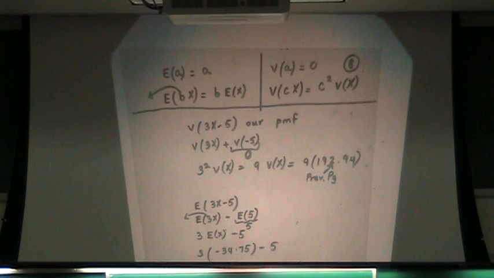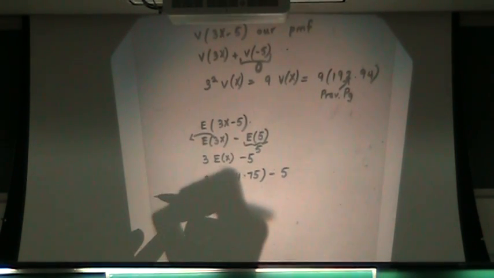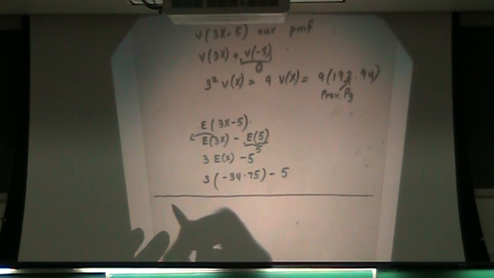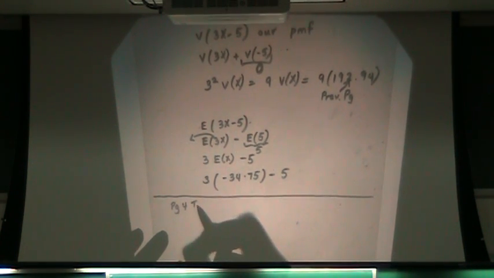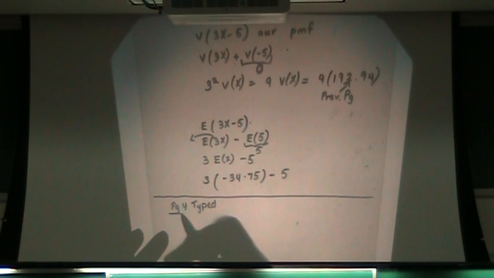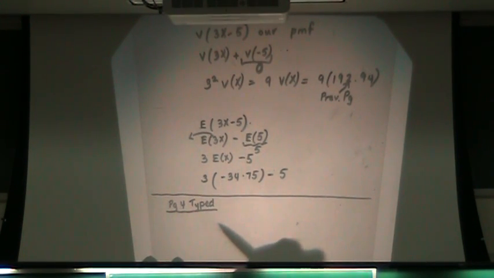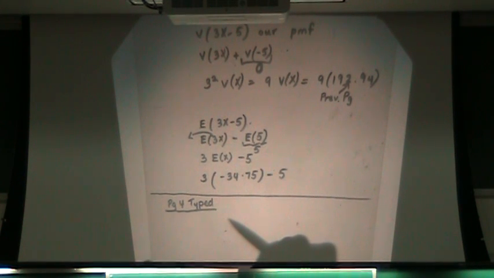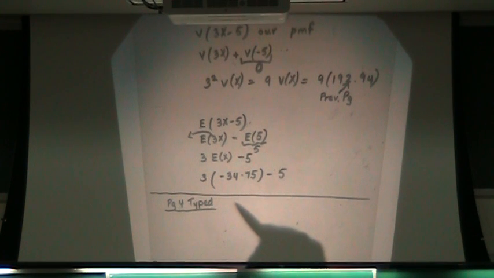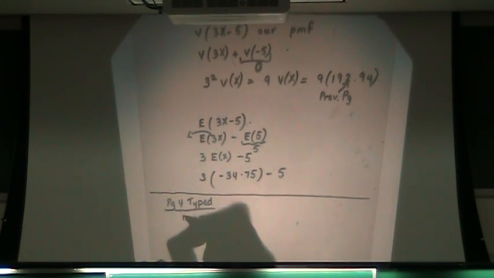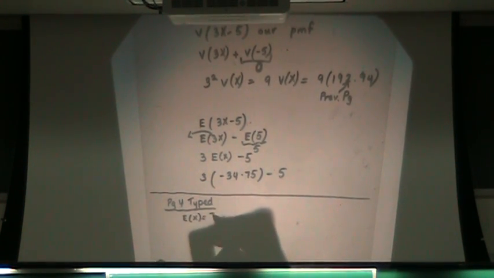So let's do the problem on the bottom of page 4. It'll take us a couple of minutes. Page 4 of the type notes. On the bottom, it says, let x and y be independent random variables with mean 75 and 50 respectively. So E of x equals 75 and E of y equals 50.